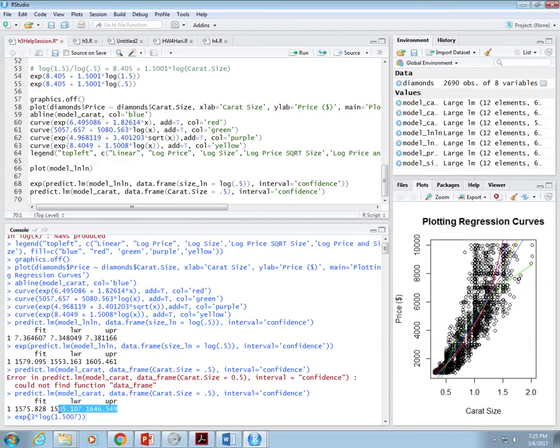And you'll see that it has a fit over here. And you can see that the confidence interval is a little wider for the linear fit. Any questions with that?